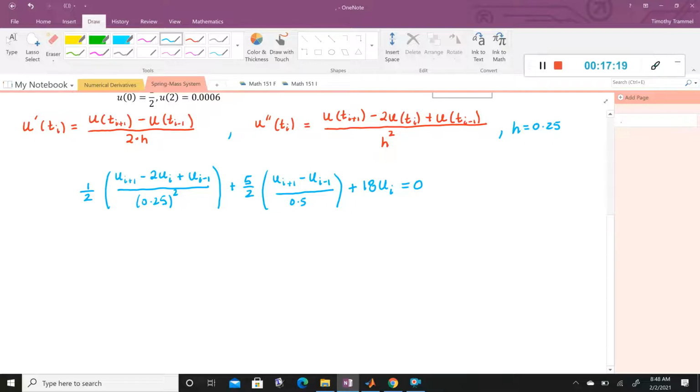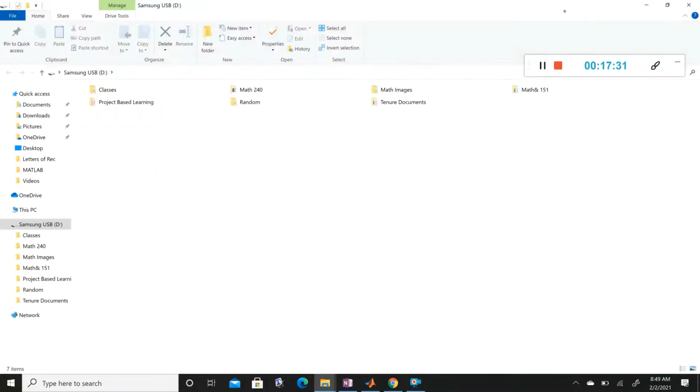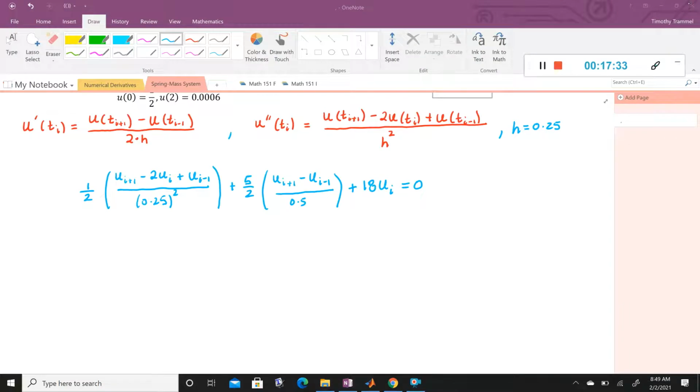So for one, this 0.25 squared or 1/4 squared should give us 1/16. So if I have 1/16 over 1/2, that's 1/8. So I'm going to have 8 times all that stuff in the numerator. I'm going to have 8 times u sub I plus 1 minus 16 u sub I plus 8 u sub I minus 1.